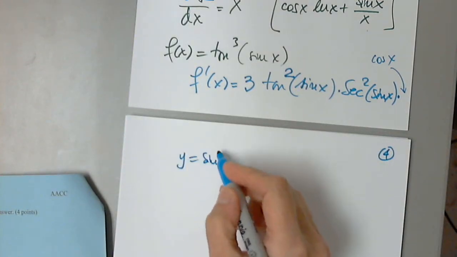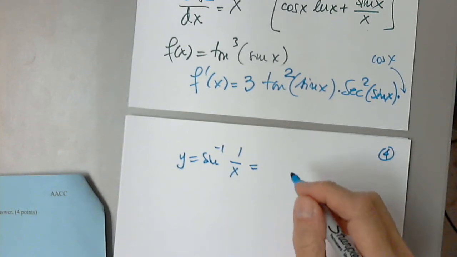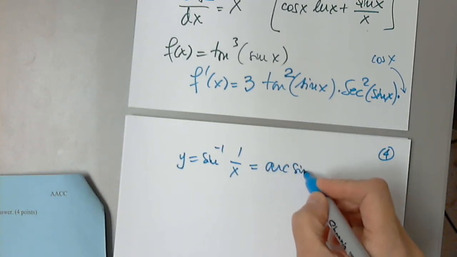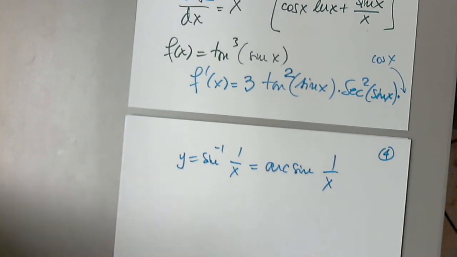y equals sine inverse of 1 over x. Remember, this is not 1 over sine. This is arc sine of 1 over x. So let's differentiate this, 1 minute. We use the chain rule for B, right? Yes. So I had a lot of functions here. I had power 3, I had tangent, and I had sine.